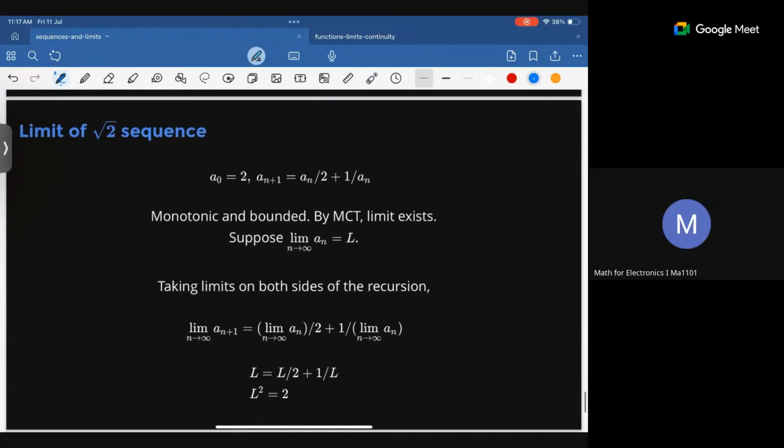A very nice example to understand this MCT better is this root 2 sequence. How do I understand this? I have a_0 to be 2. a_(n+1) is given in terms of a_n. So these two things are available to us. And it is also known that it is monotonic and bounded, both above and below.